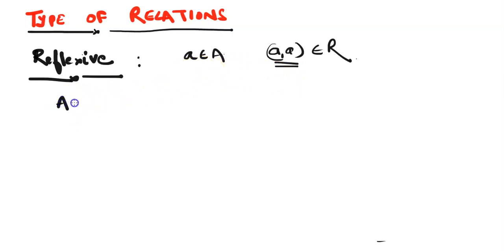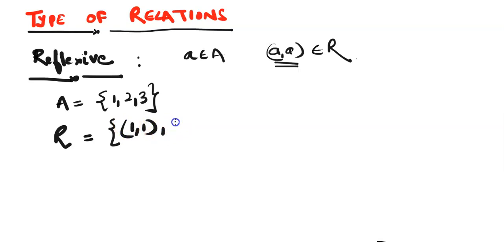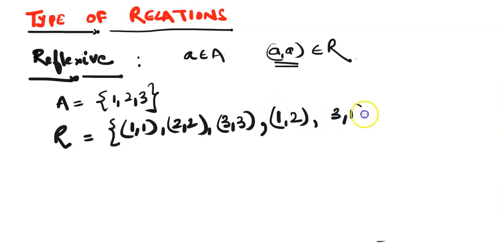Like if A equals 1, 2, and 3, then the reflexive relation would have 1, 1, 2, 2, 3, 3, with one difference. It can also have relationships which are different.